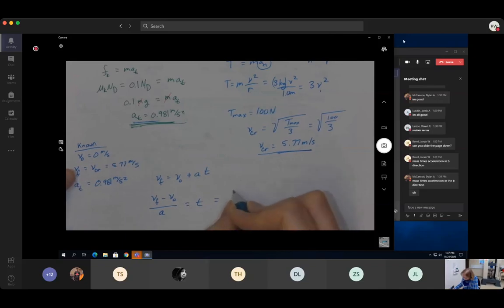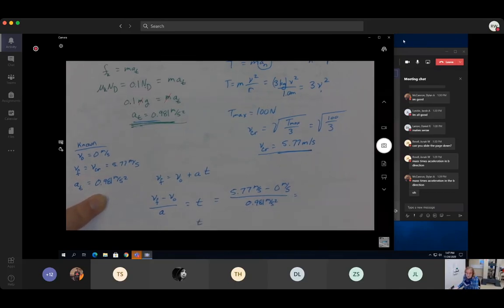So that's 5.77 meters per second minus 0 divided by 0.981. And so we should come up with our time for the cord to break is 5.89 seconds.